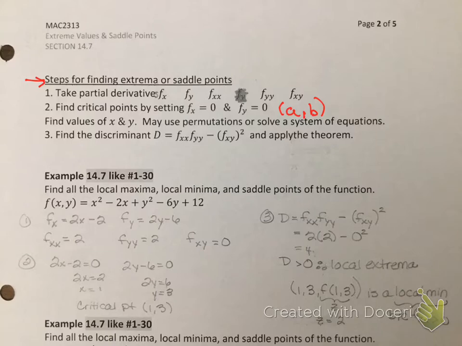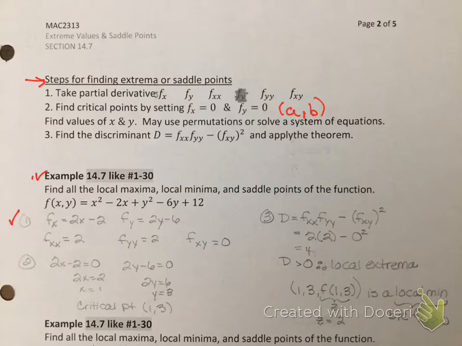So let's look at example 14.7, problems like numbers 1 through 30. You're supposed to find all of the local maxima, minima, and saddle points of the function. So step 1 says to take all your partial derivatives. Please take a second and make sure those partial derivatives make sense to you.